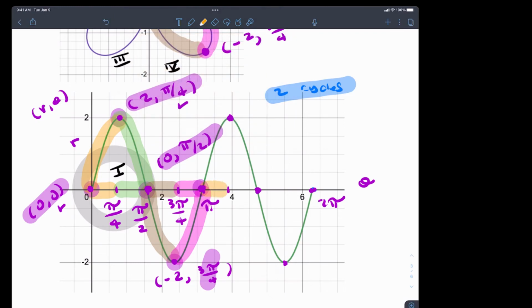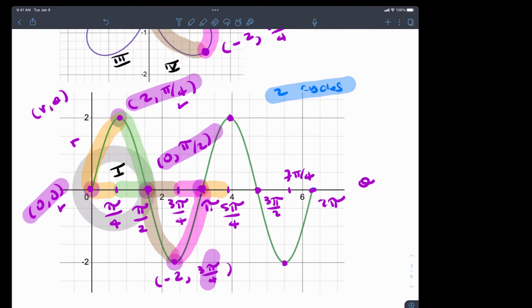So we go from 4 pi over 4, which is pi, to 5 pi over 4, and then another pi over 4, 6 pi over 4, and another pi over 4, 7 pi over 4 over here, and then you end up with 2 pi.